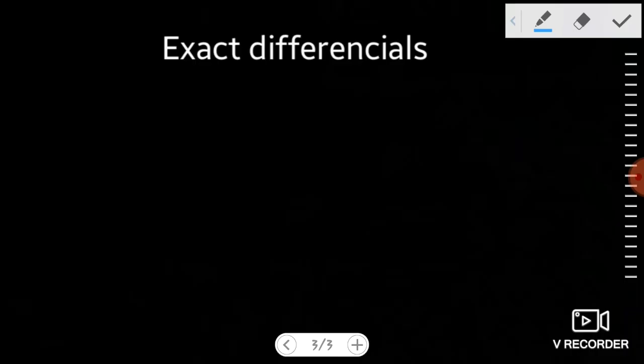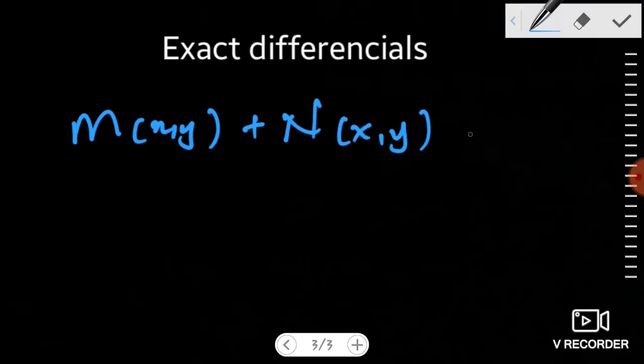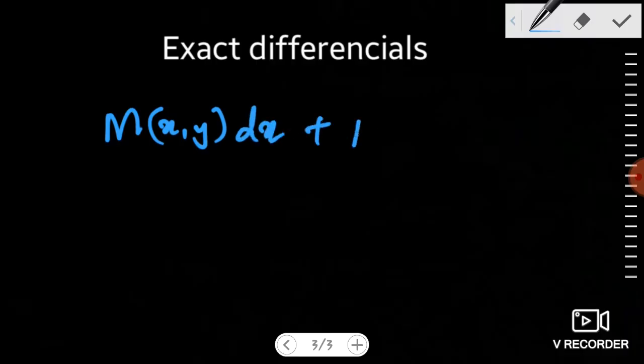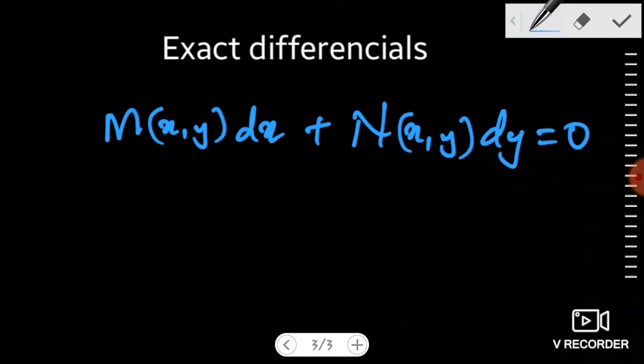Now, if you have an expression with M, having variables x and y, dx, plus N, also having x and y, dy, the whole of this being equal to 0, right?